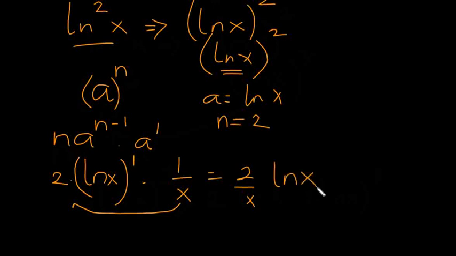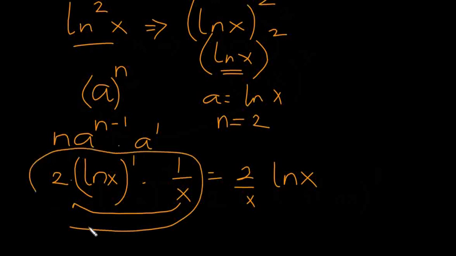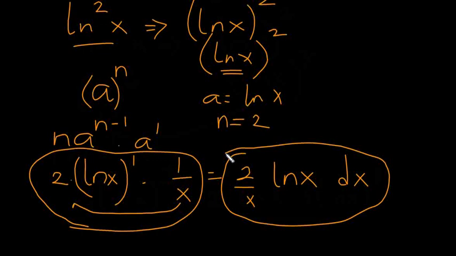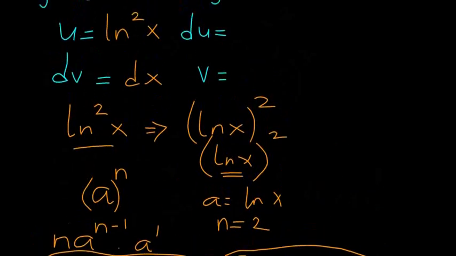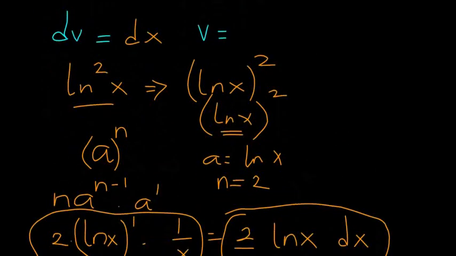Okay, so once you simplify this, it's going to be 2 over x ln x dx. Remember, this is now the value of du, so you can put it up here.